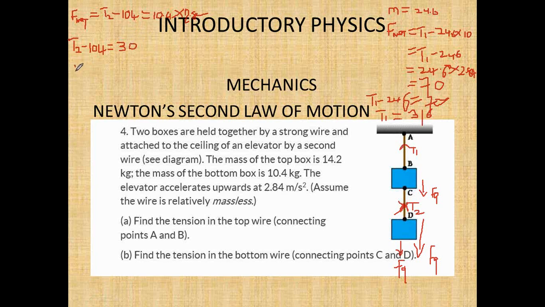So T2 is the tension between those two boxes. You take this over that side, so it becomes positive. So when you add them together, you get 134 newtons.